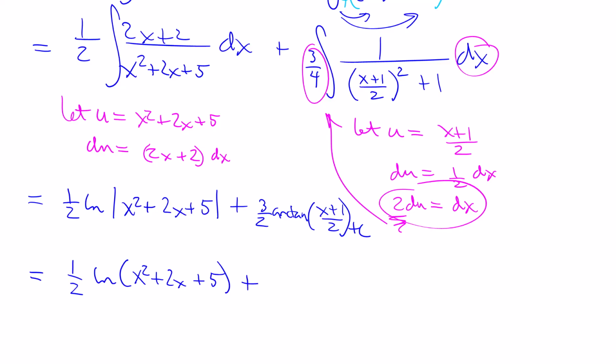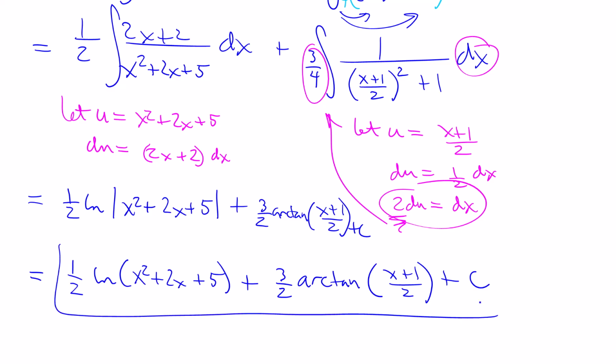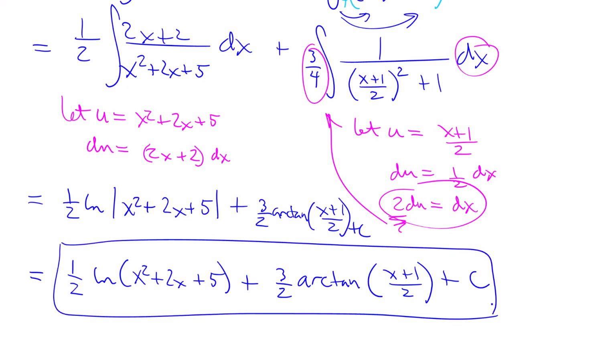And then we'll finish it off with plus 3/2. Again, that's the 3/2 because the 3/4 was previously reduced with the 2 du. So 3/2 times the arctan, or tangent inverse, either way to write that is okay, of x plus 1 all over 2, close parentheses, and then finally plus c. You have to have the constant in there, and we can just use one big constant to handle both integrals that we split up here.